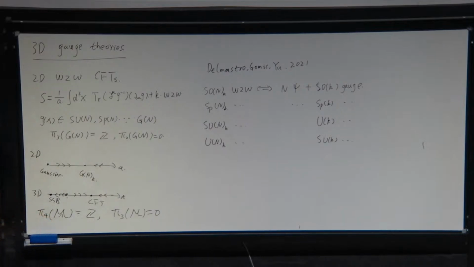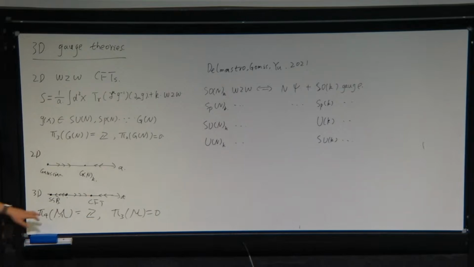But now you have two fixed points, so are they both CFTs? Yes, they are both CFTs. And is the one on the left the same one that you had without the Wess-Zumino-Witten term, or are they both of a different kind? They both become different.